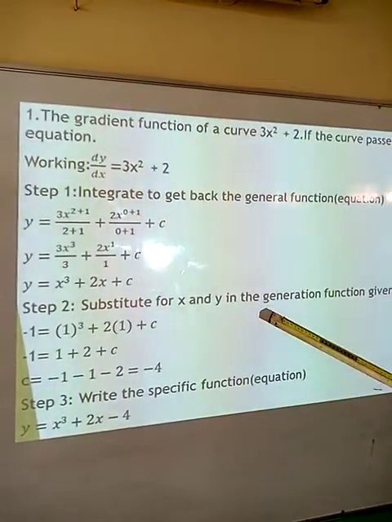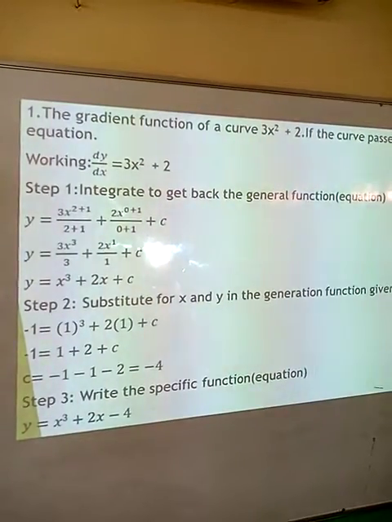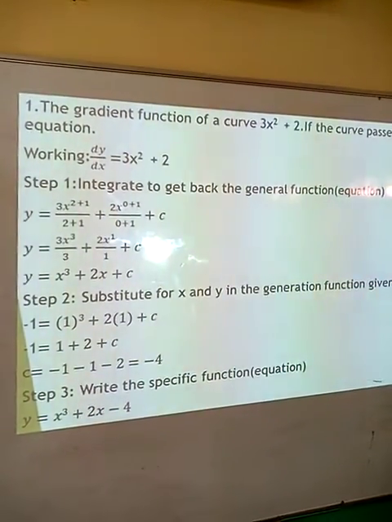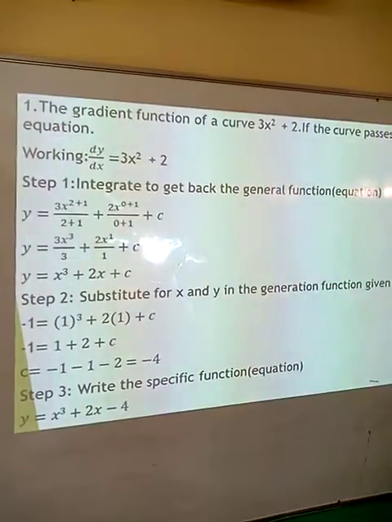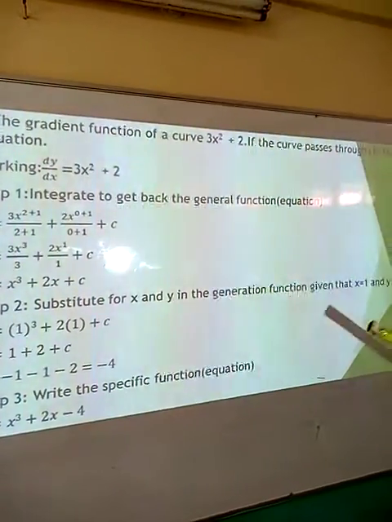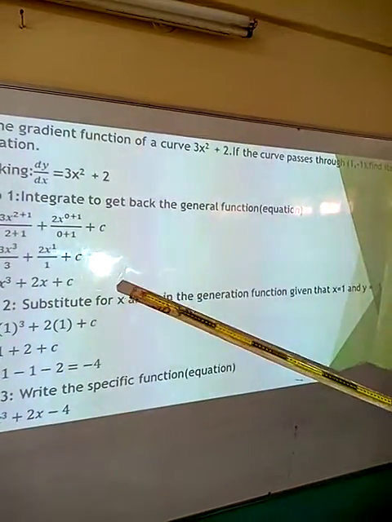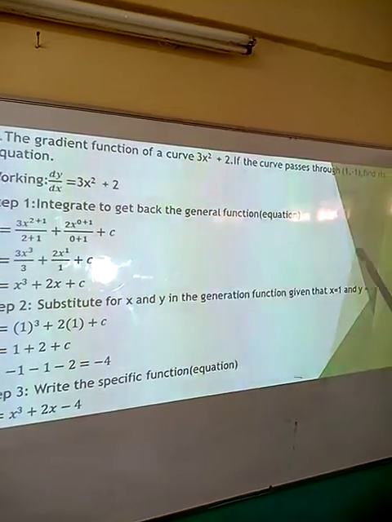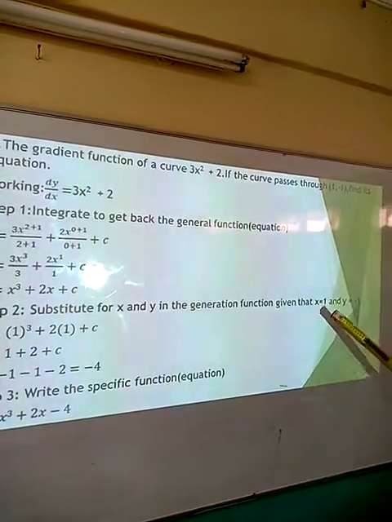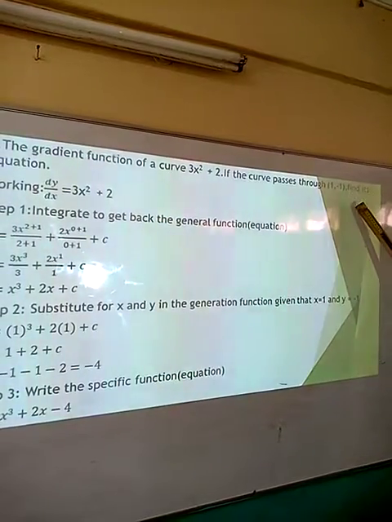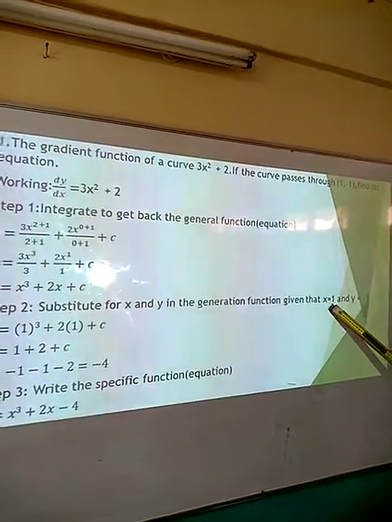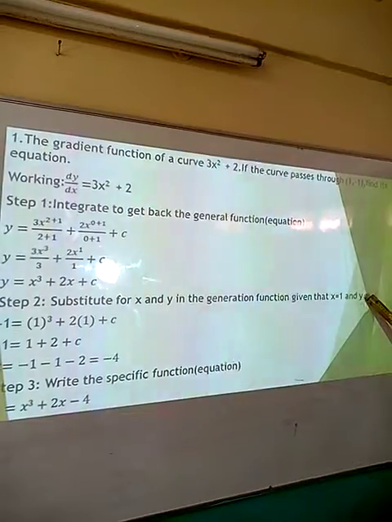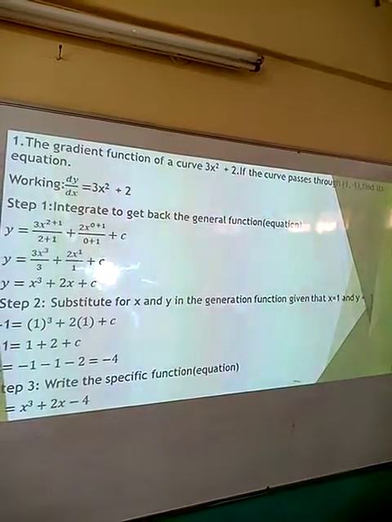When you go to step number 2, we are now using the additional information we have been given to substitute in the general function so that we solve for c. And when you do that, you realize that from the coordinate (1, -1), x is equal to 1 and y is equal to -1.